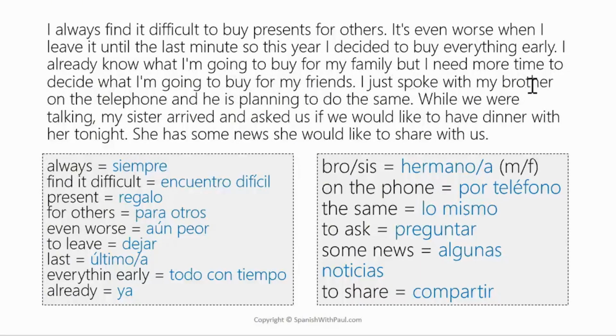Acabo de hablar con mi hermano por teléfono y está planeando hacer lo mismo. Mientras estábamos hablando, mi hermana llegó y nos preguntó si nos gustaría cenar con ella esta noche. Tiene algunas noticias que le gustaría compartir con nosotros.